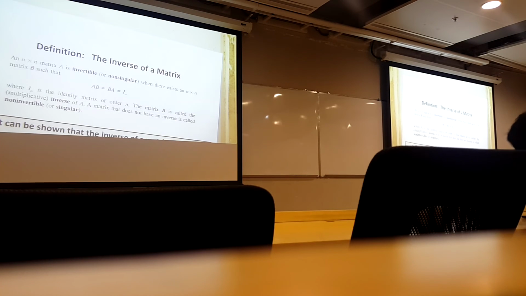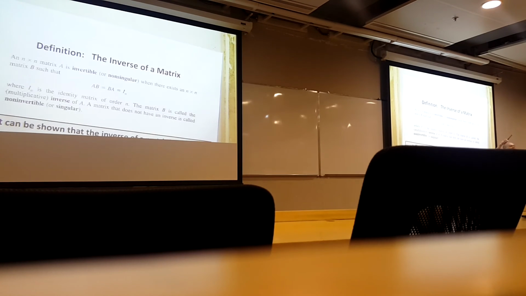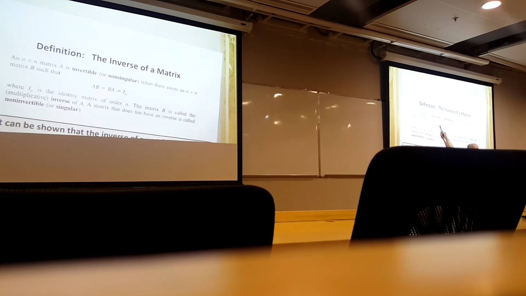There is only one. If it has an inverse, there is only one inverse. And the inverse of a matrix inverse turns back to itself. It means if B is the inverse of A, then the inverse of B is the same as A. A is the inverse of B, then A's inverse is B. Okay? Just like transpose.